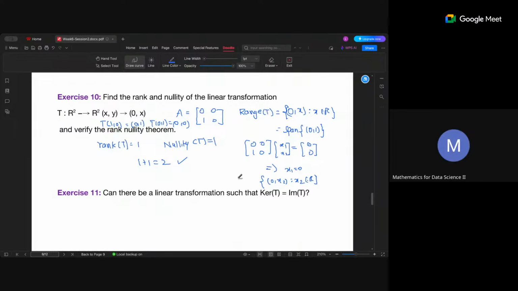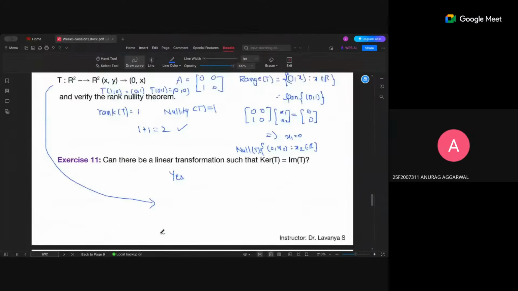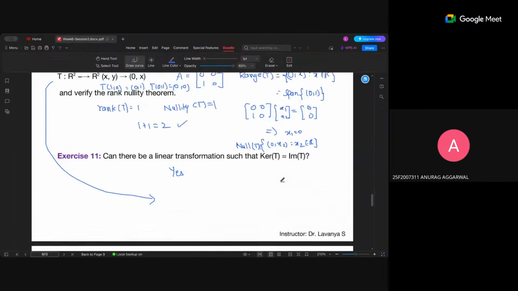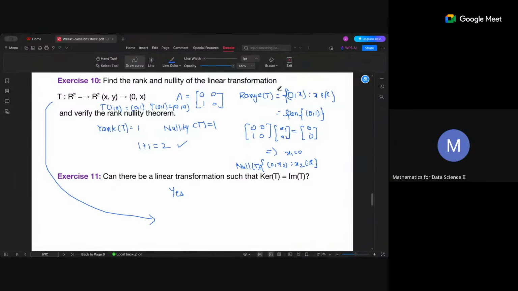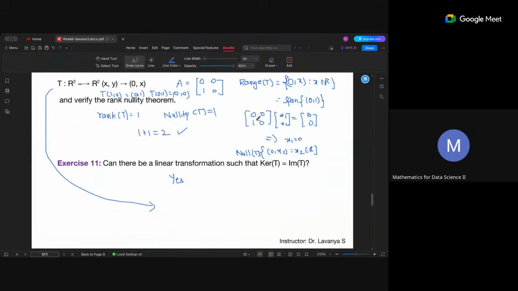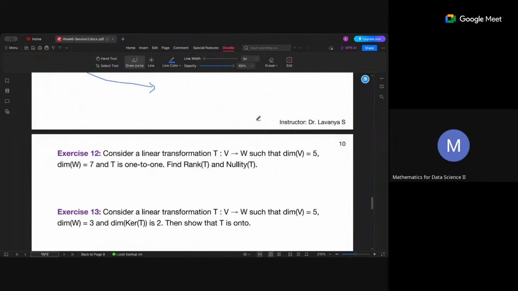Yes, so your null space is the same as the range. Remember, the kernel is all the solutions of the homogeneous set of equations, and range is the set of all Tx such that x is in the domain. Please go back and look at the lecture. We covered range long back.